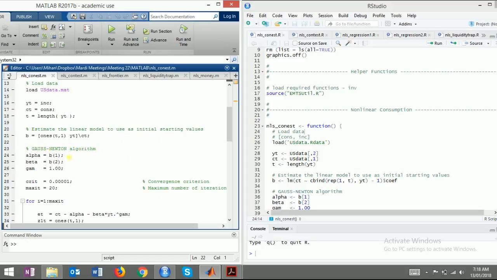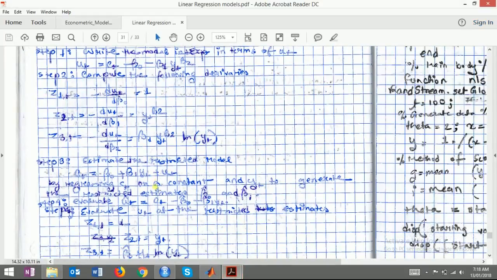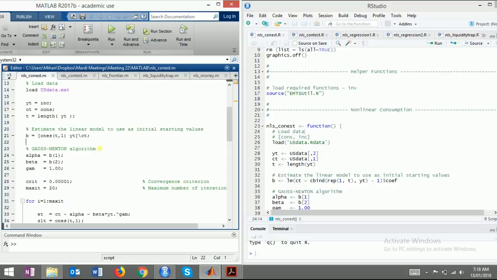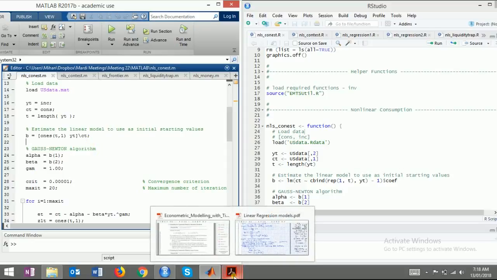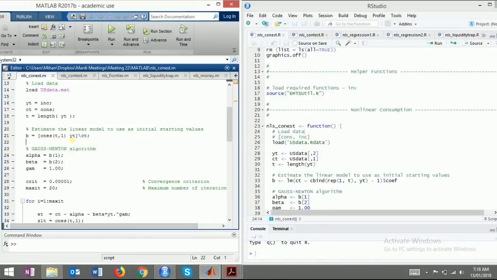B equals 1. How am I doing this? It is specifically mentioned: regress C_T on a constant and Y_T to generate the restricted estimates of beta naught and beta 1. First, represent the model with C_T, then regress C_T on a constant and Y_T.